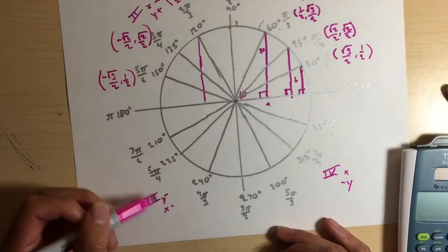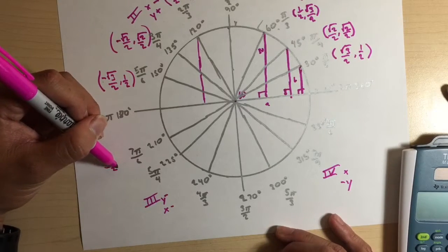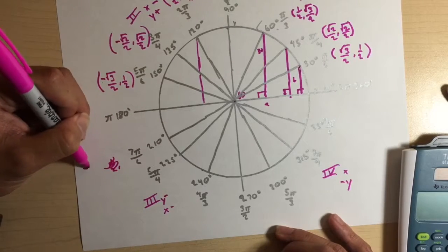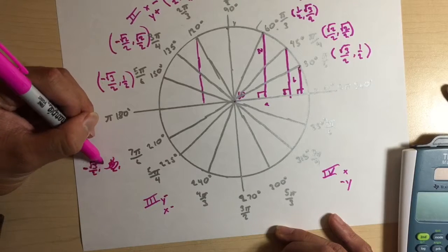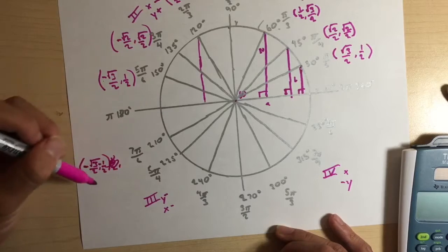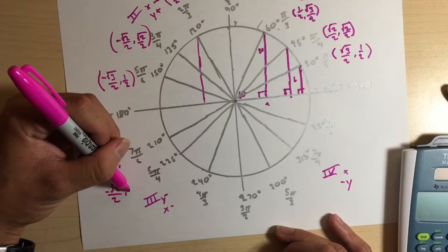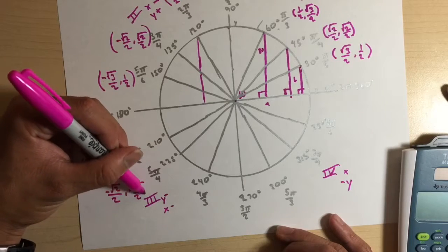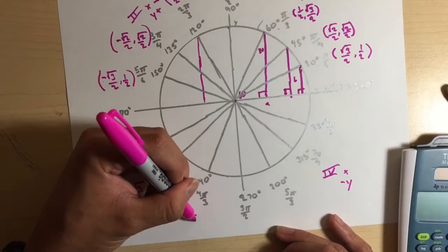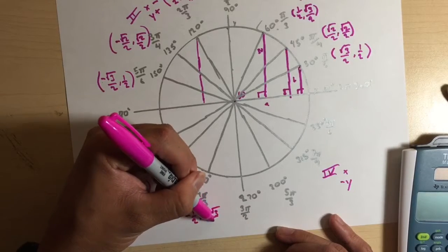In the third quadrant, both of them are negative, so we could do negative 1/2, or I'm sorry, negative rad 3 over 2, comma, 1/2, comma, negative 1/2, negative rad 2 over 2, comma, negative rad 2 over 2, and then negative 1/2, negative rad 3 over 2.